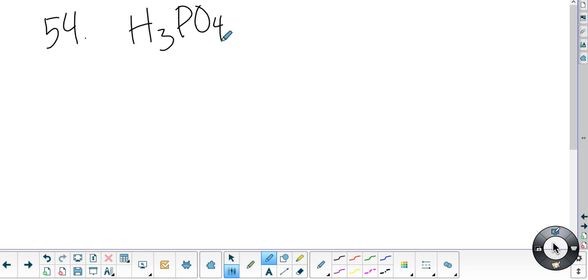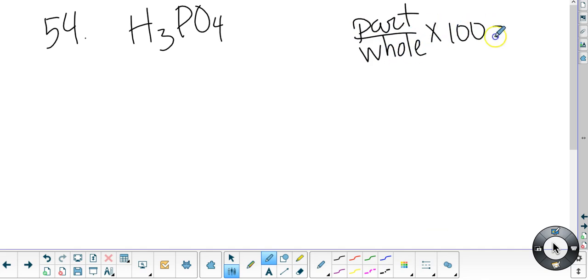Perfect. The part over the whole times 100. In this case, the whole is your molar mass, which we just talked about how to calculate. The part is each of these elements.